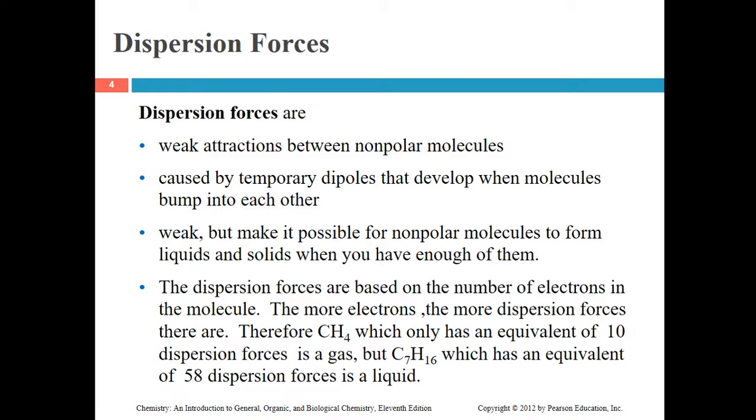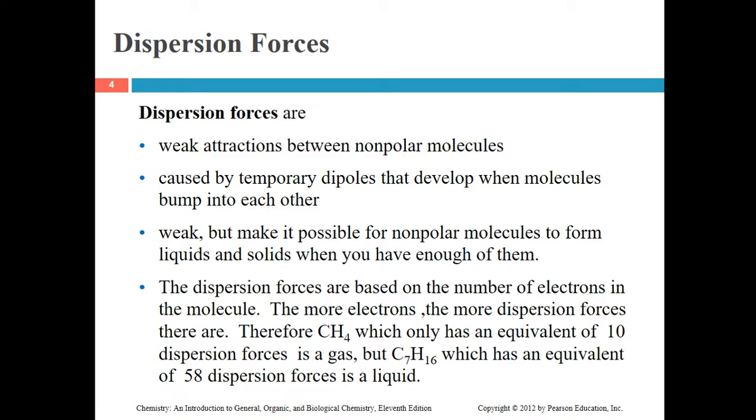So what is a dispersion force? Sometimes other books also call it London dispersion forces, but it really is based on the number of electrons in the molecule. So the more electrons, the more dispersion forces there are.